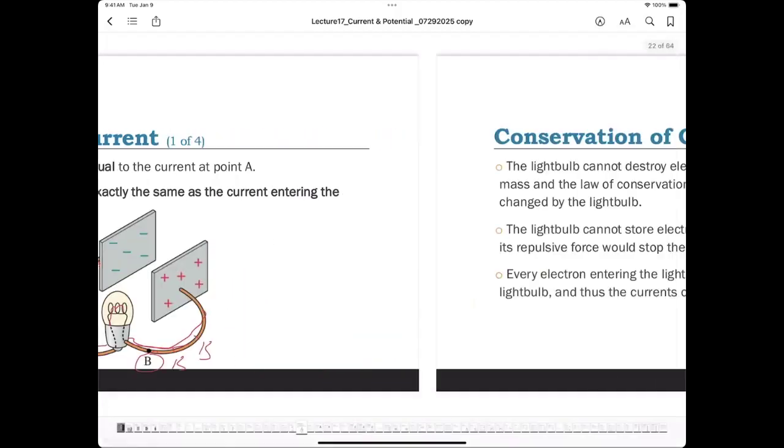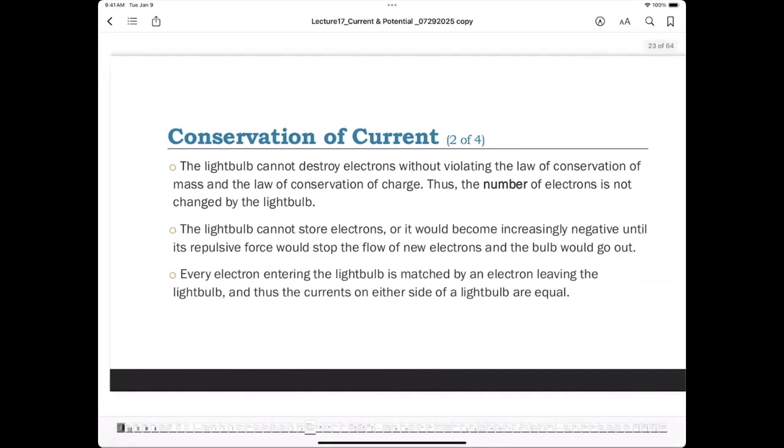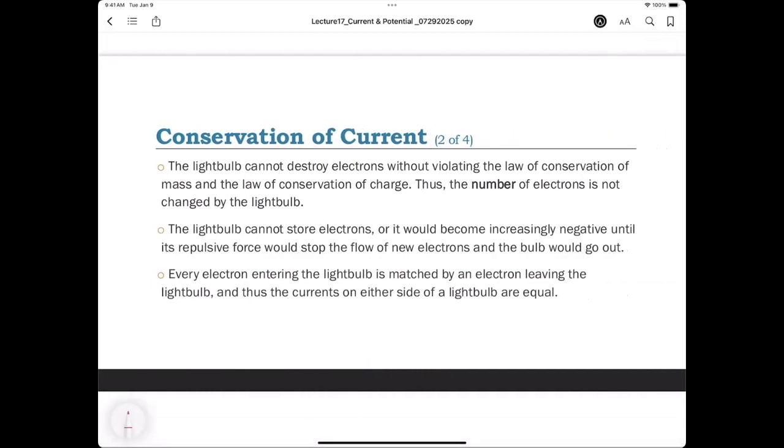The light bulb cannot destroy electrons without violating the law of conservation of mass and the law of conservation of charge.